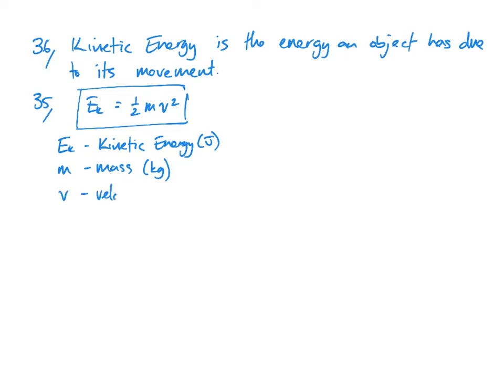And v is velocity or speed, to be honest, because the direction doesn't matter, measured in meters per second. So a simple example to start with.